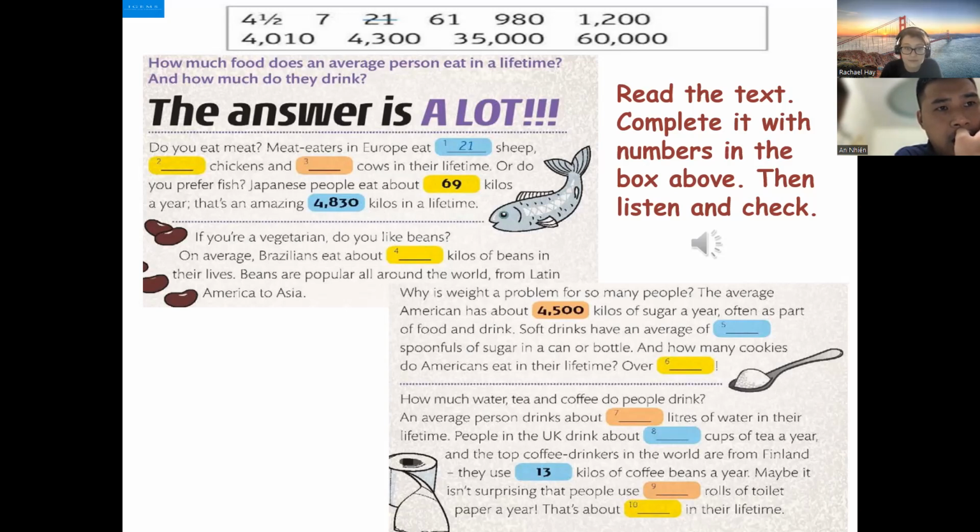Chicken and cow. Okay, how much do you think they eat? Pick a number from the top. 1,200.